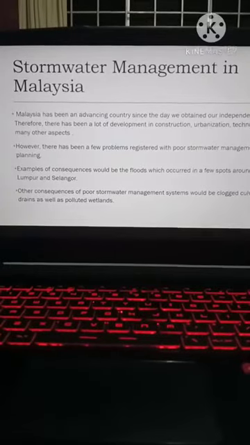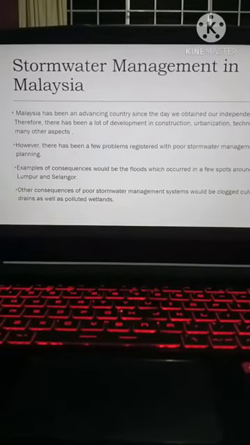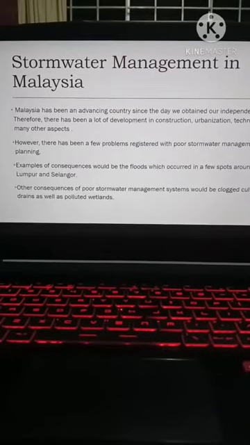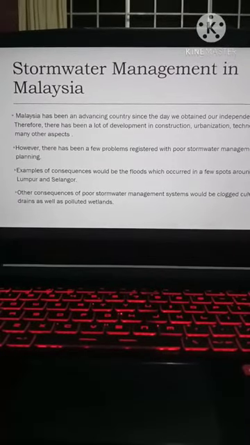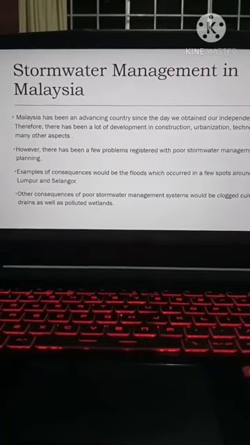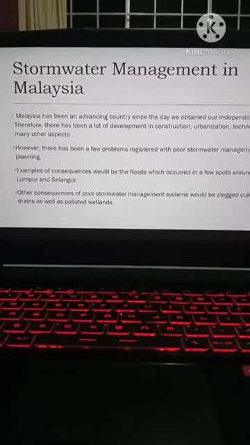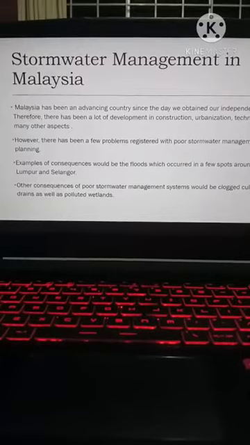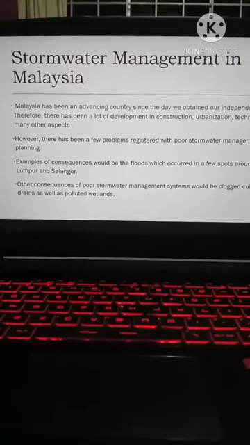However, a few problems have been registered with poor stormwater management and town planning, which is quite evident these days. It is believed that whatever decisions we make during the planning and executing process would show their consequences after so many years, and it's quite evident these days.